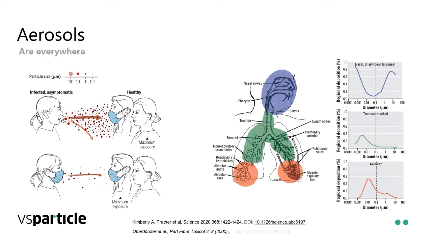These particles also travel differently because of different sizes, right? So it's not just when you're generating them and transporting them, but also inside the human body when you're breathing the air, particles end up at different locations. So what you will see in the graphs to the right, the top shows in blue what particles are collected inside basically the head.